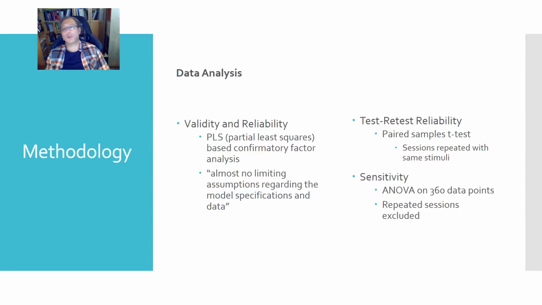We also checked IPQ for sensitivity, its capability of distinguishing different games from each other through a series of ANOVAs. But we excluded the last two sessions' data, and we ran this analysis on 368 data points.